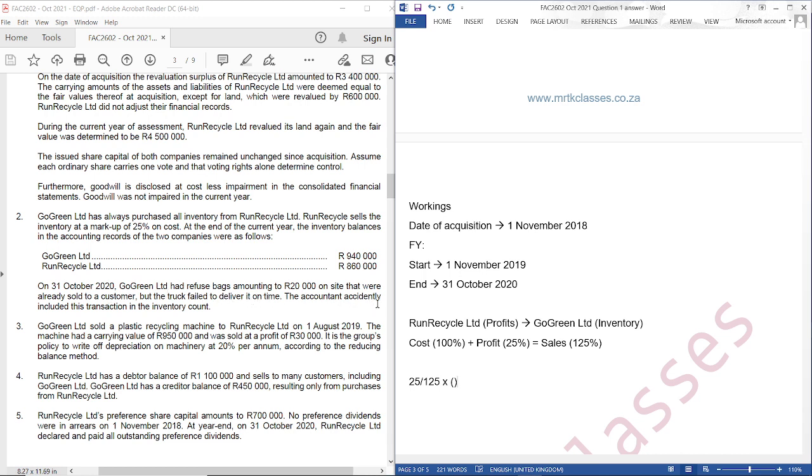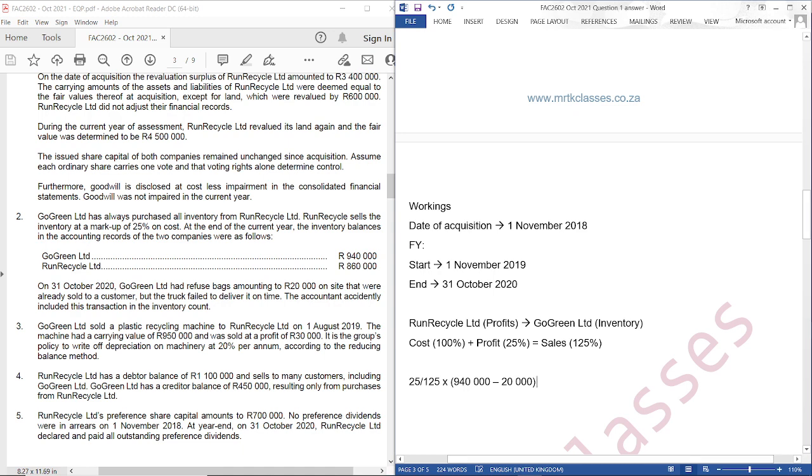The accountant accidentally included this transaction in the inventory count. So we are going to say 940,000 subtract 20,000. The reason why we are subtracting 20,000 is that this inventory was already sold to the customer. This inventory does not belong to Go Green Limited.